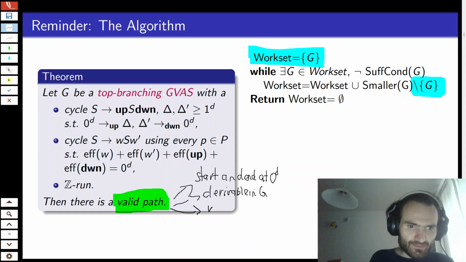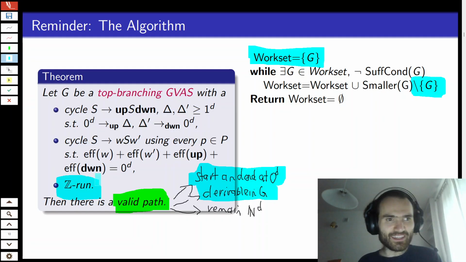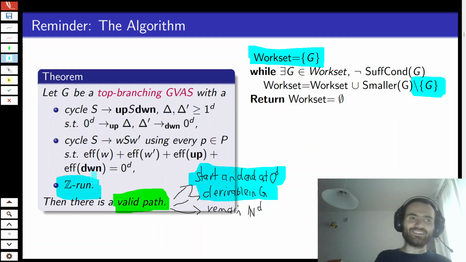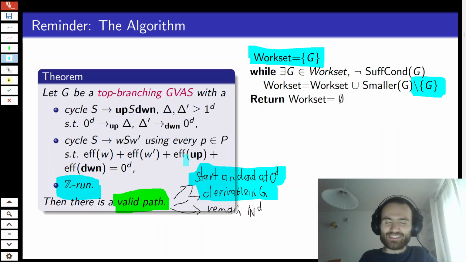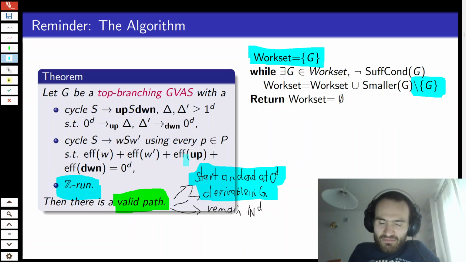And it's supposed to remain in n to the d. So it's not supposed to go negative. And the path with just the first 2 was called a z-run. And this is irrelevant because it's always going to be in the condition that there's supposed to be a z-run. But existence of a z-run is easy to decide.